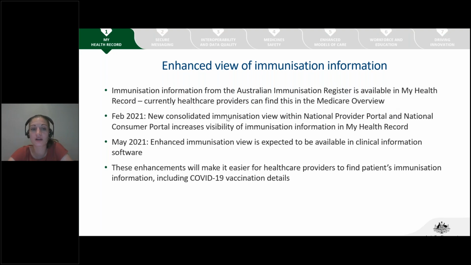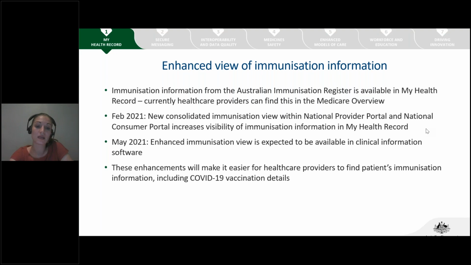Then in February, there was a new consolidated immunisation view that was made available through the National Provider Portal and the National Consumer Portal as well, which increases visibility of immunisation information in the My Health Record system.